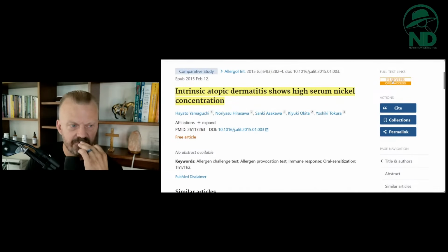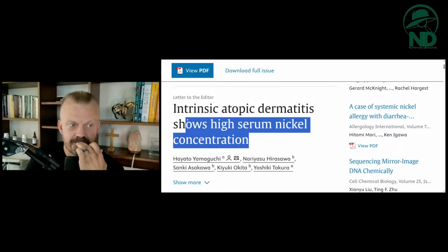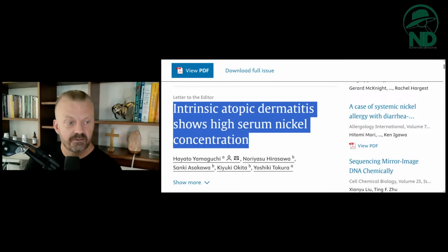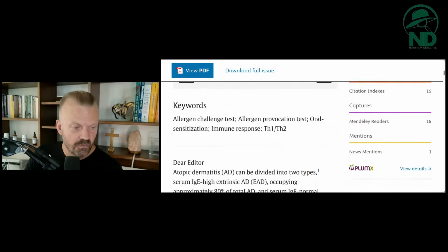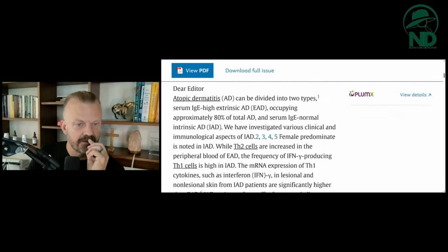Oh, wait, is this free access? Let's go see. Elsevier, will you give me free access? Please. I am a human. Are you a human? Anyway, intrinsic atopic dermatitis shows a high serum nickel concentration. And there's no abstract here either. Oh, wait, it's just a letter. Okay.